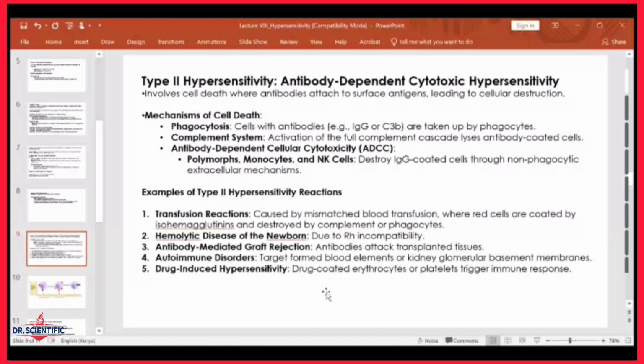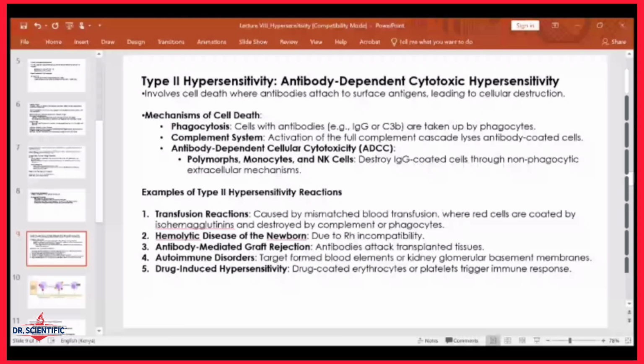In antibody-mediated rejection of grafts, the same thing is happening. ADCC is happening there. Autoimmune disorders like SLE and rheumatoid arthritis, the same is happening. The erythrocytes and platelets will trigger such an immune response.